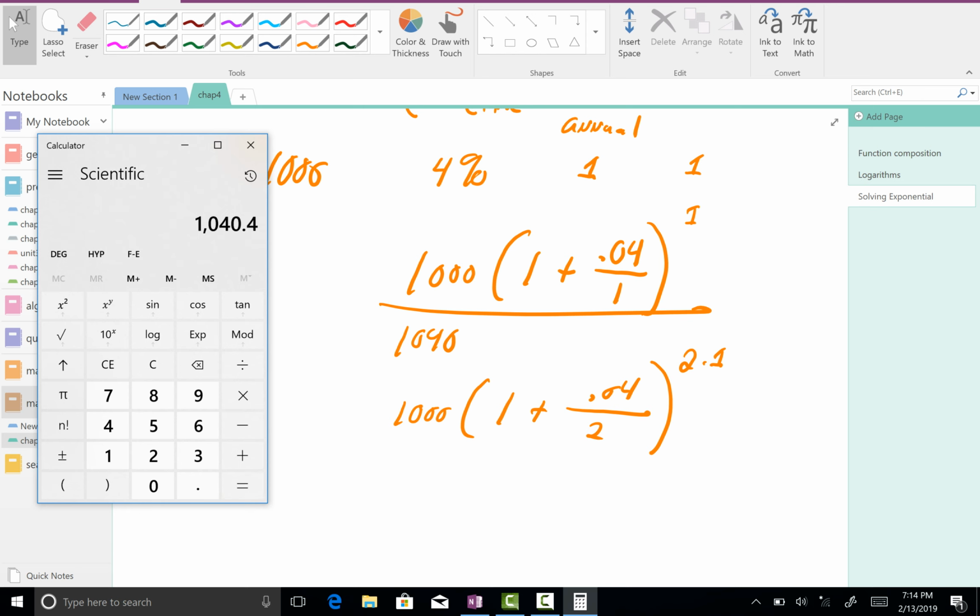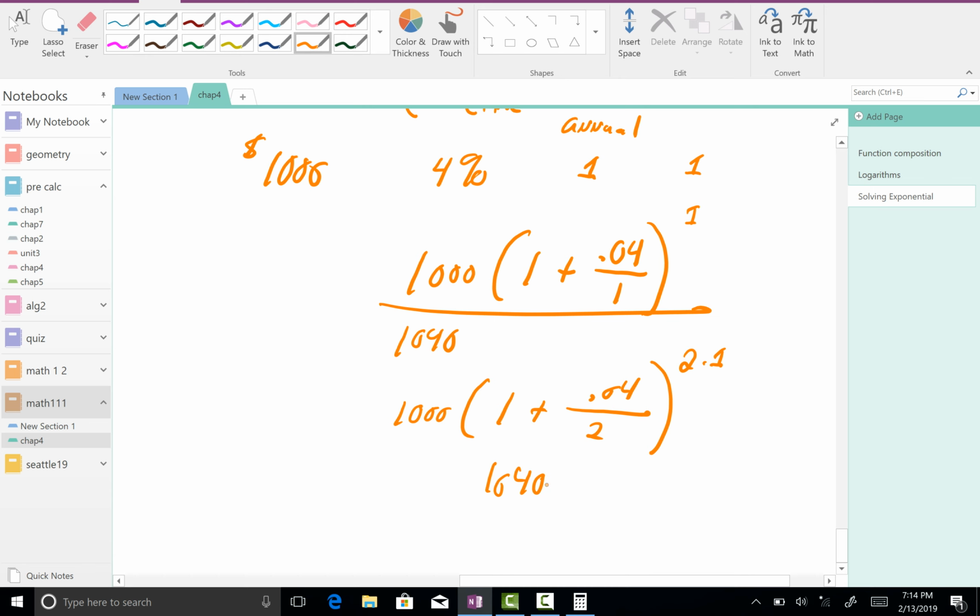So now you should get 1,040.4. Is that correct? All right. Okay. So it's a little more, but you would expect that because you're compounding that interest rate twice.